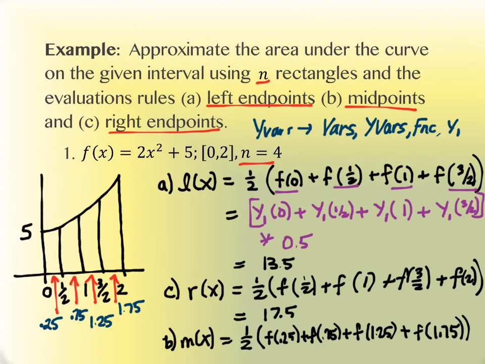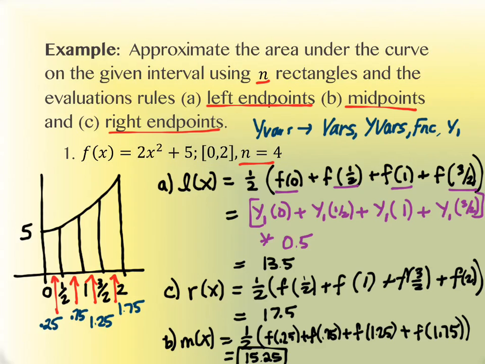You're going to have to change all four of them instead of just one, but it keeps you from having to pull up y1 every time, so that might be helpful. 15.25. Did you get that as well?